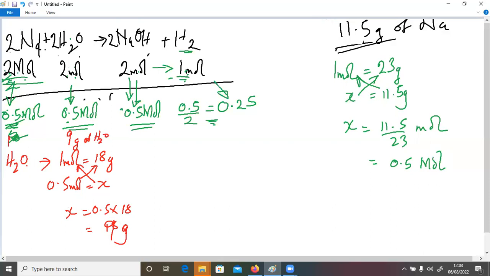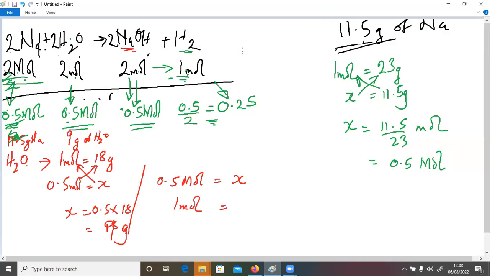Remember, we have said we have used 11.5 grams of sodium. So what is the mass of sodium hydroxide I am going to form? I know I'm forming 0.5 mole of sodium hydroxide, which must be equal to X grams. But I know that 1 mole of sodium hydroxide is equal to what?